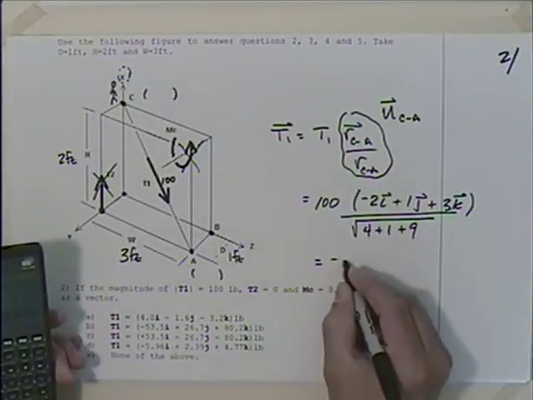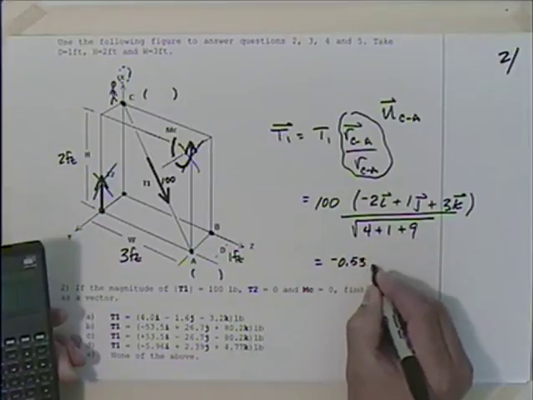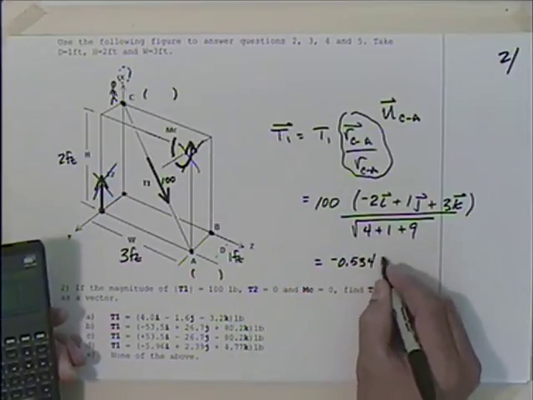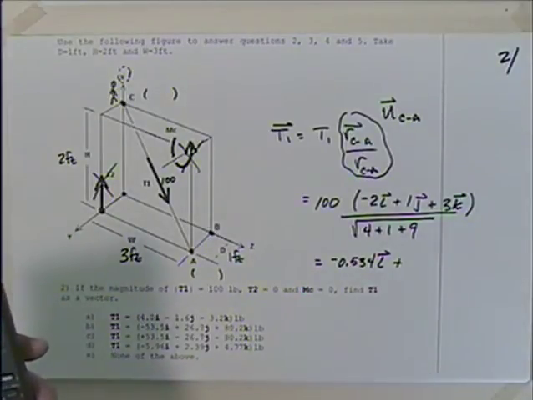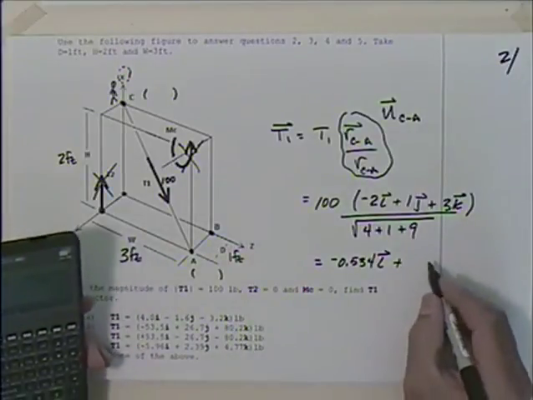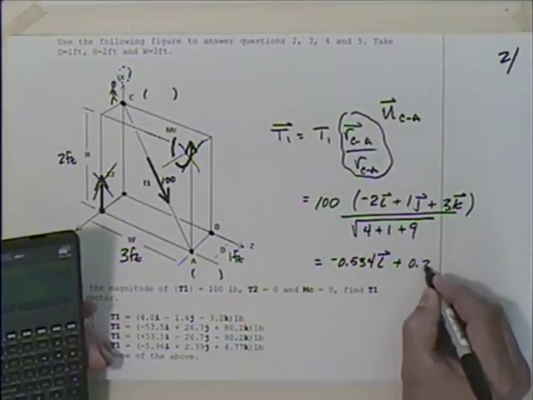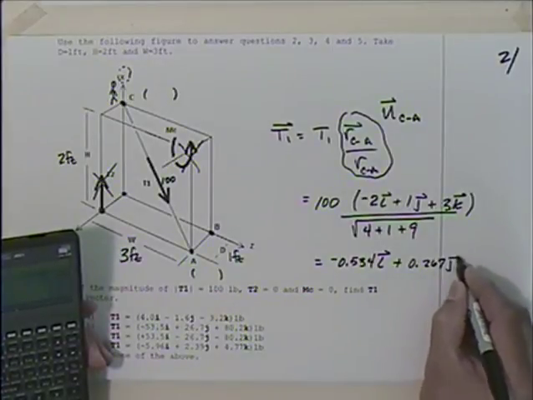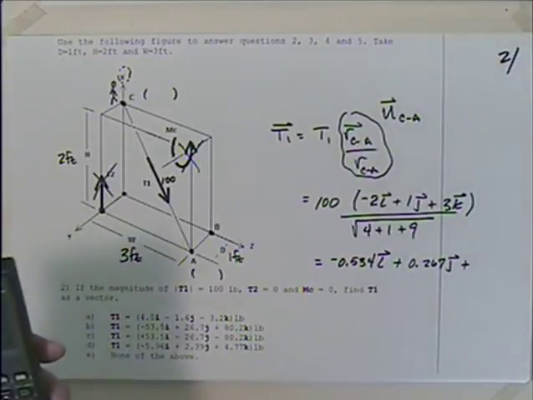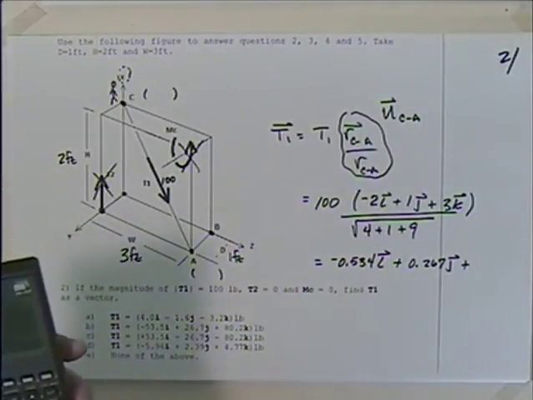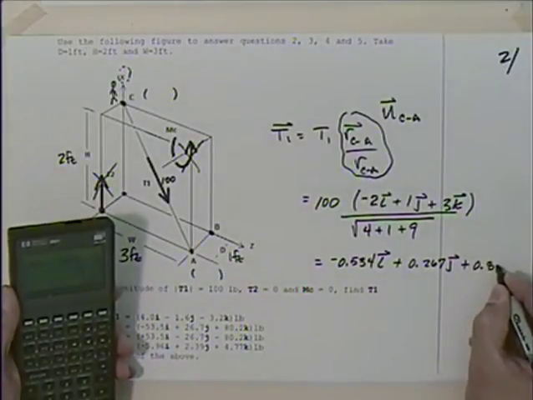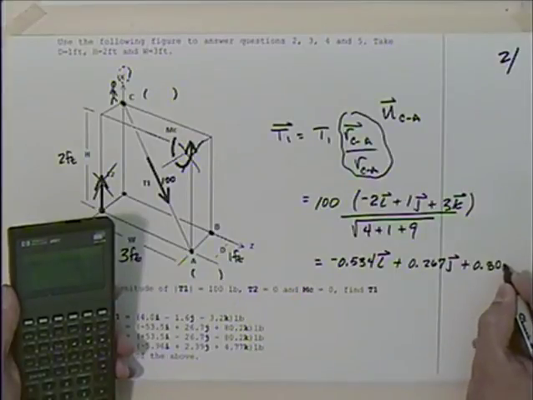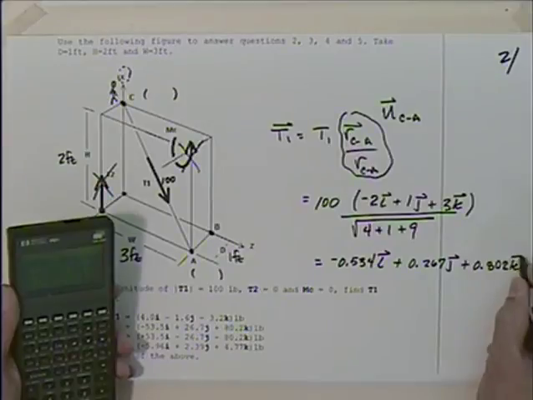So I get minus 0.534 in the I direction, and positive 0.267 in the J direction, and then 0.802 in the K direction.